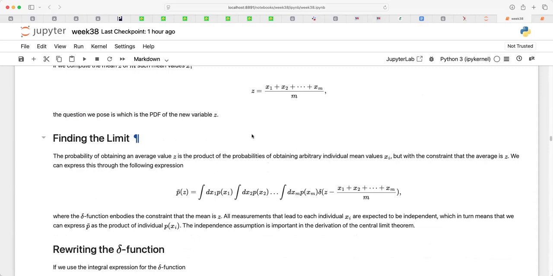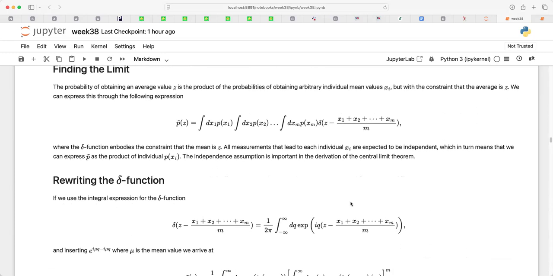So when we now want to find the limit, when this m goes to infinity, then we can actually ask what is the probability for this z given the small independent probabilities here. So then we are putting a constraint on this set of integrals where we require that the mean value should be the sum of the mean values of all the x's.